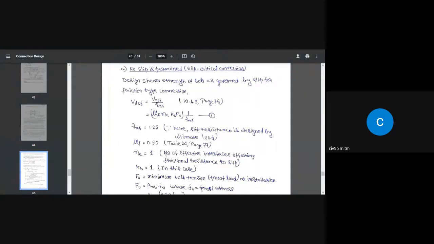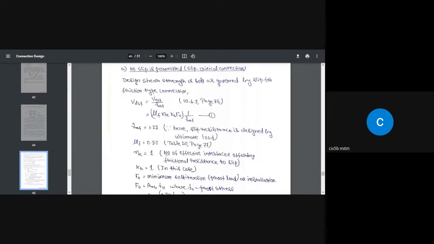If you go to the second column, it says V_dsf equal to V_nsf divided by gamma_mf. What is V_nsf? V_nsf is just below those three lines. V_nsf equal to mu_f Ne Kh F_o. So it's a matter of getting those values and substituting in the formula to get the V_dsf value.